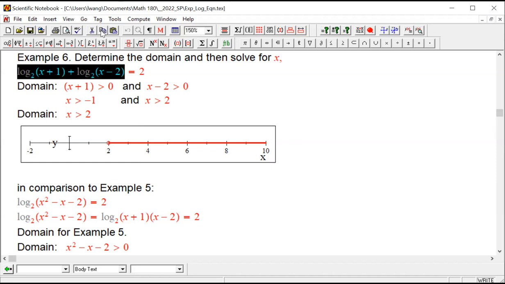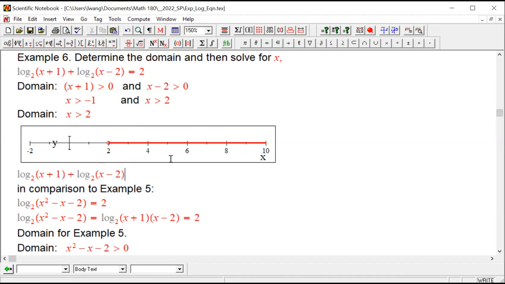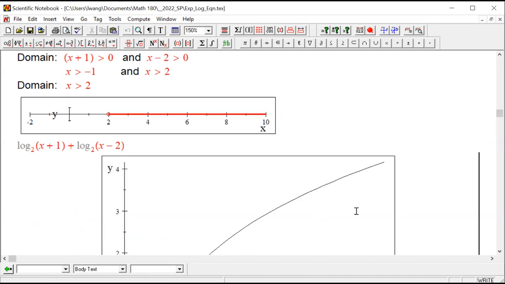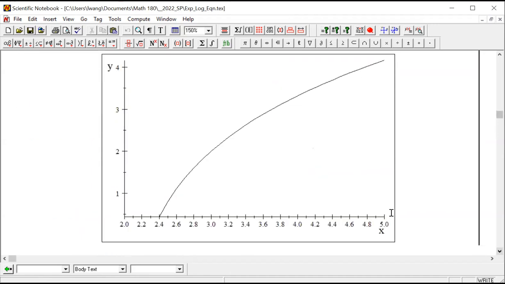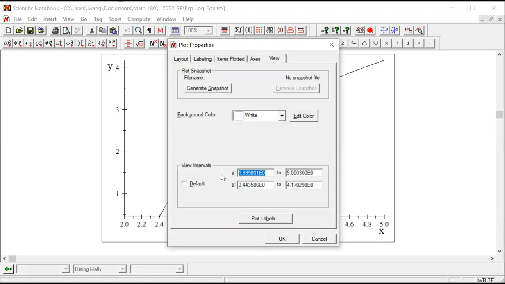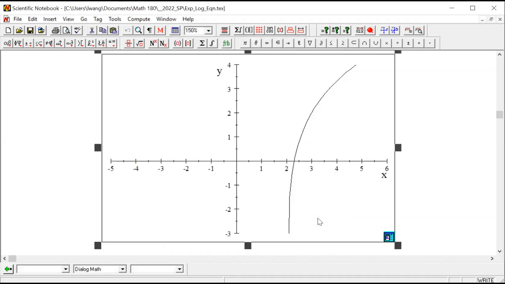So if I graph this function, let's see how the picture looks. Oops, I put it in the wrong place. But let's look at the picture. That's the picture. Now, it's not complete yet, okay? I need to make some adjustment. There. It's half of the picture of example 5, right?